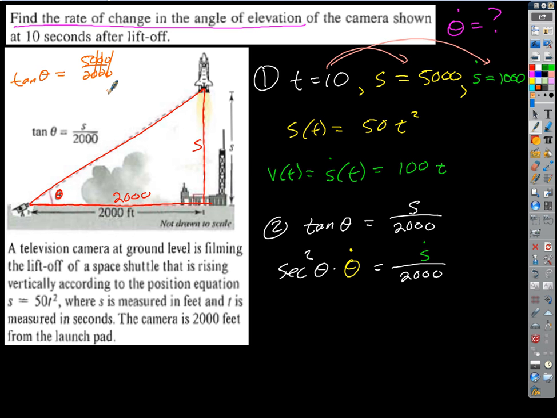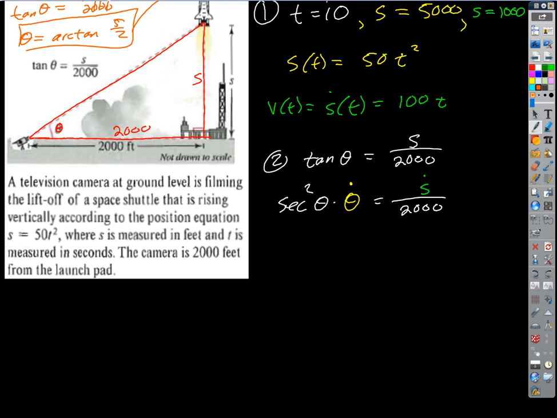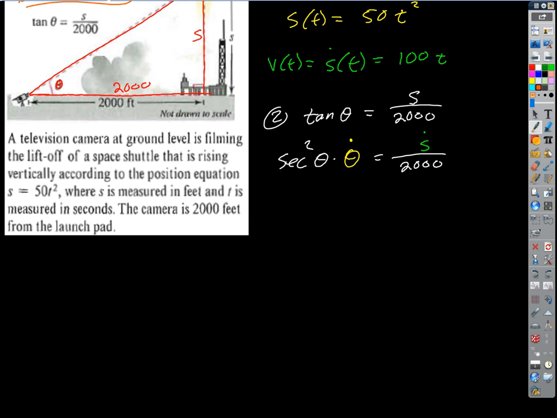So we could say theta equals the arctangent of 5/2 and just add that into step one, because that's a number, right? That works. We can do that.